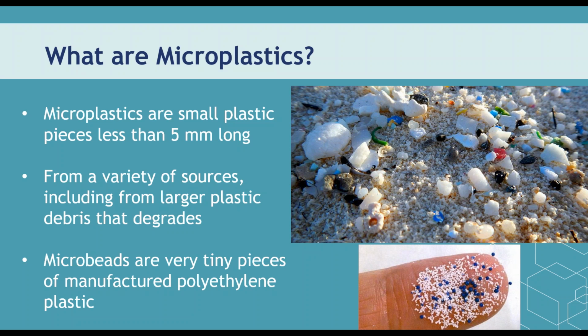And then you have microfibers, which is a new development in terms of the scientific literature. That's where you have an article of synthetic clothing, like polyester, like a fleece jacket, or some of the synthetic fabrics that Under Armour and Nike and what have you make, that all the kids are wearing these days.